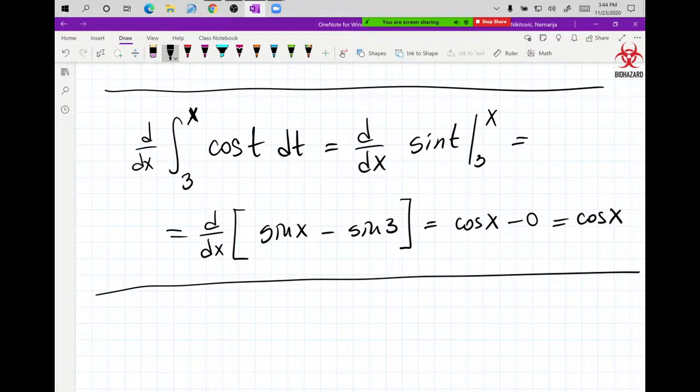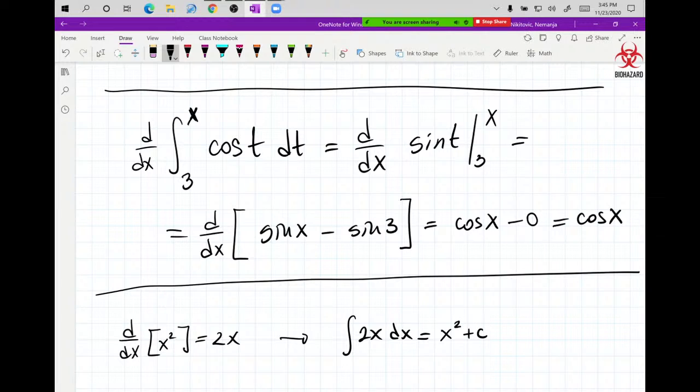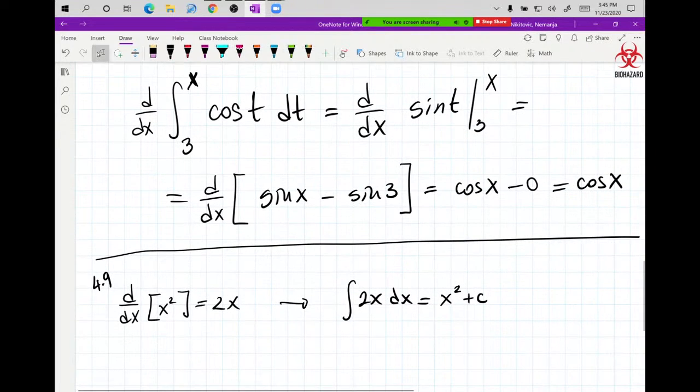They're opposites of each other, which we kind of knew from 4.9 anyway, because remember, the derivative of x squared is equal to 2x, which means that the integral of 2x dx is equal to x squared, and then we said plus c, right? Well, now you are battling this plus c simply by having these values in the integral. But we needed plus c in 4.9. So we know from 4.9 that integrals and derivatives are opposite of each other.